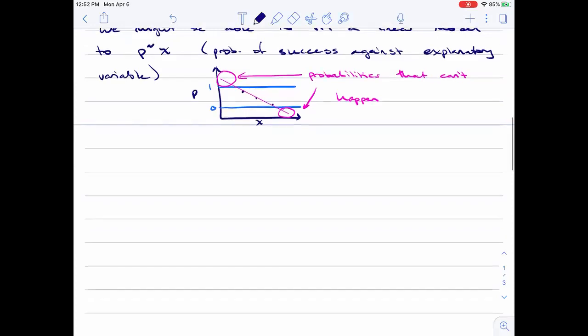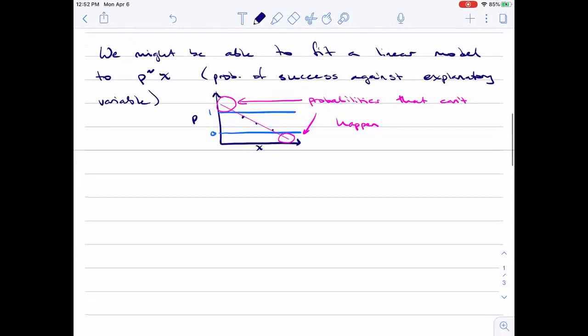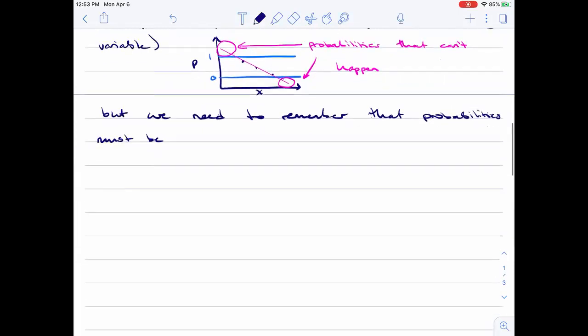And so we might be able to fit a linear model to this thing, but we need to remember that probabilities must be between 0 and 1.